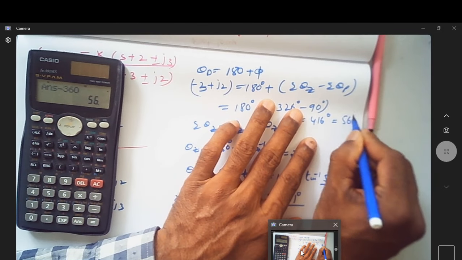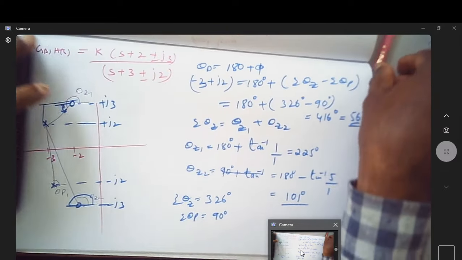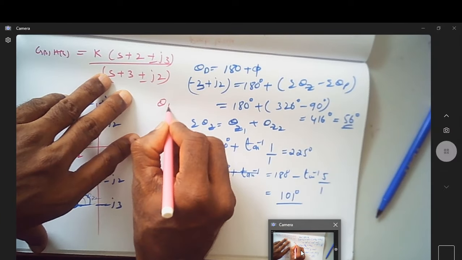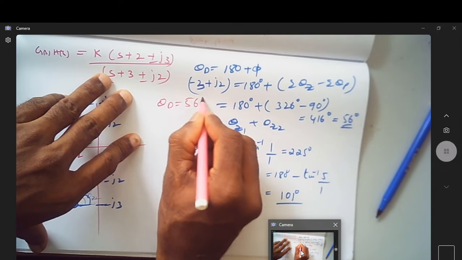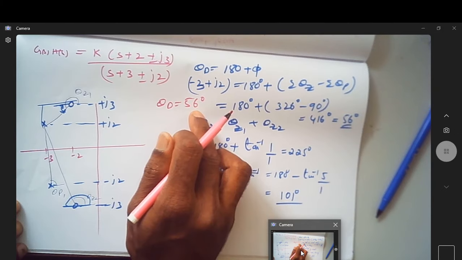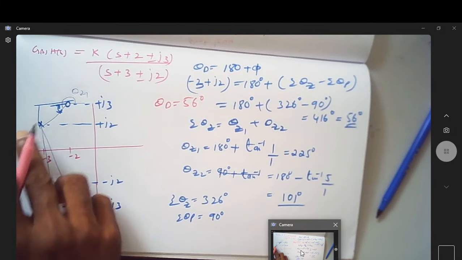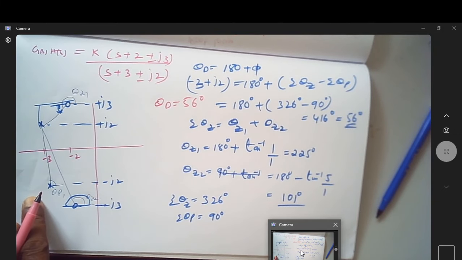So the angle of departure theta d happens to be 56 degree. For the other pole it will be minus 56 degree.